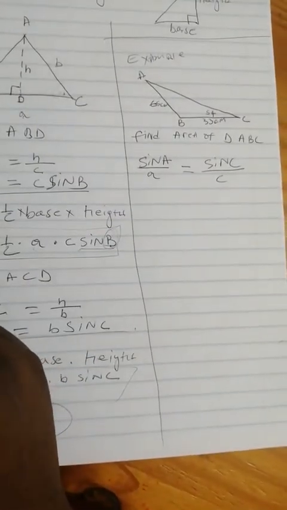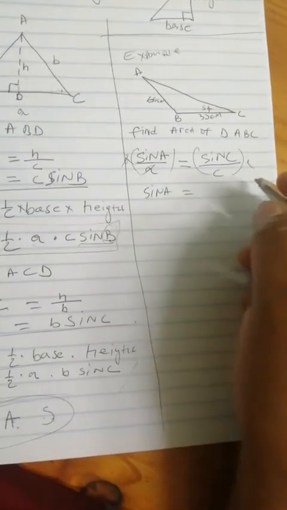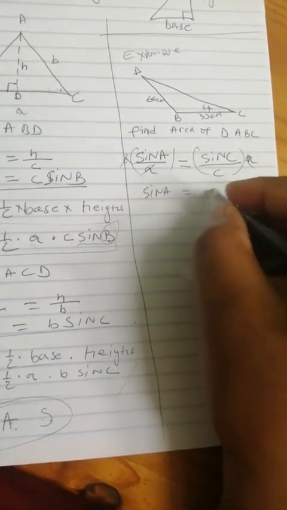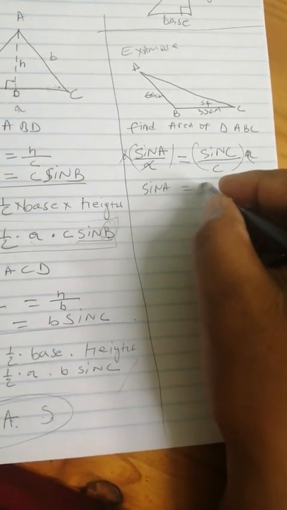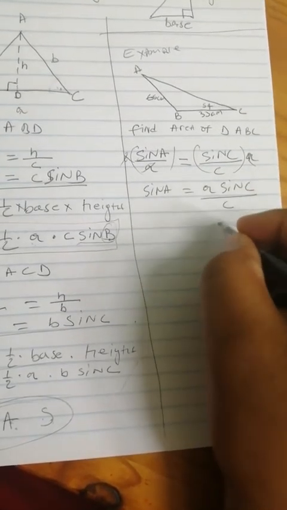Okay, so sine A, let's simply multiply by a both sides there, so that we'll only have sine A here. So this will be small a sine C over c.